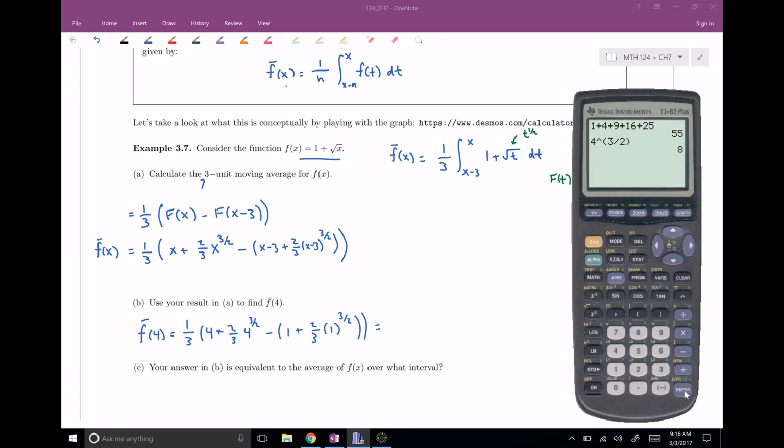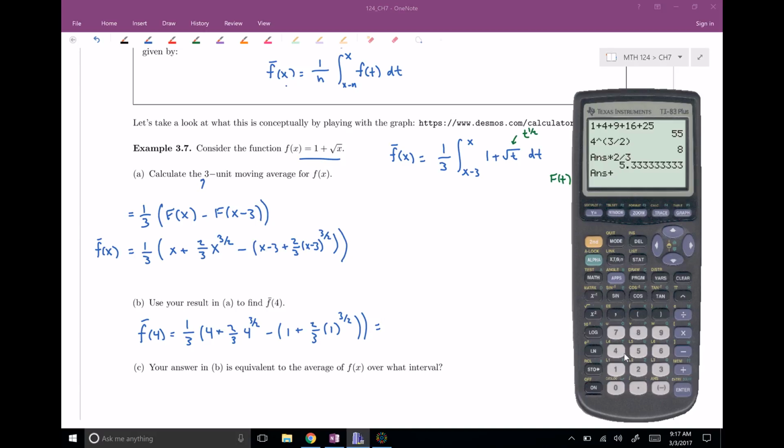The idea here is that when you raise something to the 1/2 power, 4 to the 1/2 power, that would be the square root. So if you took the square root of 4, you would get 2. And then if you cube that, because this really isn't the 1/2 power, it's the 3/2, I would get 2 cubed, and that's how I knew it was going to be 8. Okay, so that's going to be 8. And let's go ahead and multiply this by 2/3.